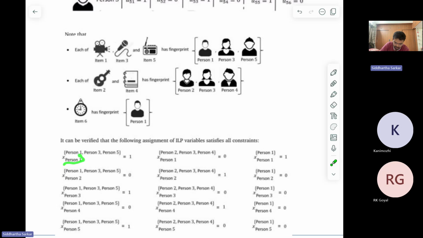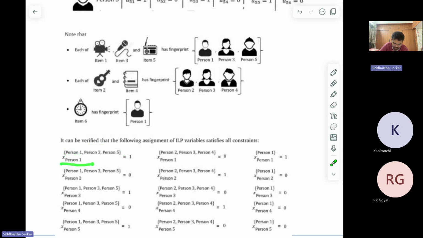The subscript corresponds to the person and the superscript corresponds to the fingerprint. So this variable x sub person i, super fingerprint, means that this person receives an item of this fingerprint or not.